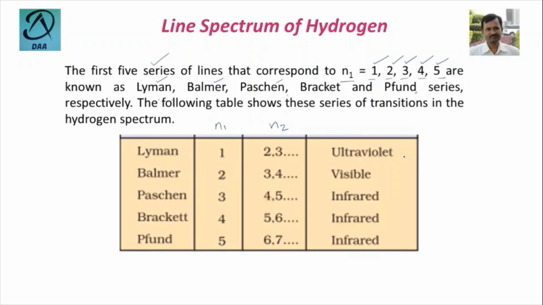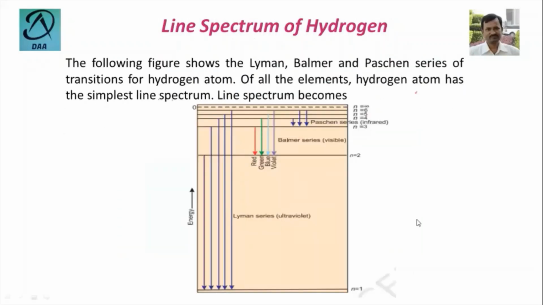So Lyman is obviously in the ultraviolet region, Balmer in the visible region, Paschen in the infrared region, Brackett in the infrared region, and the Pfund series also in the infrared region. If you check the following figure, you can see all the lines, Lyman, Balmer, Paschen series, transitions of the hydrogen atom.